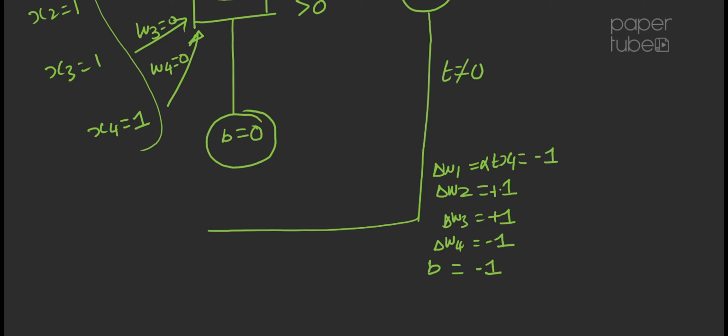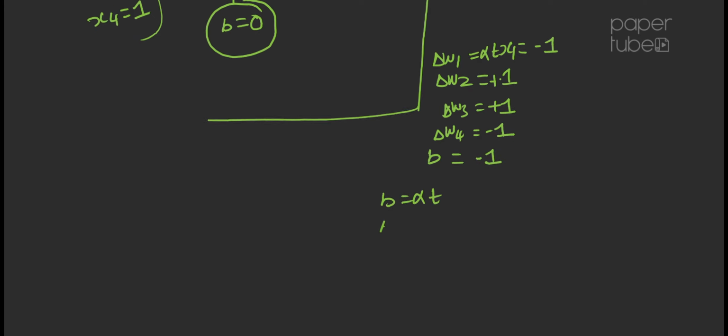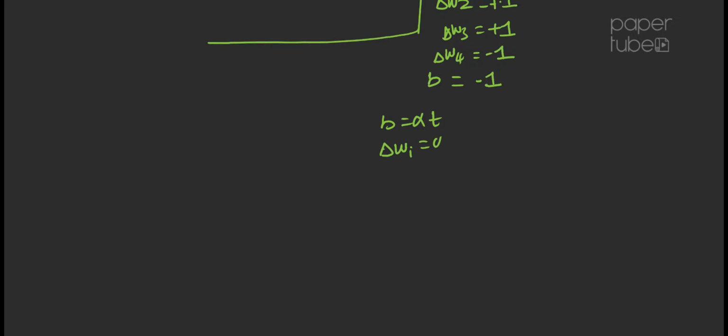Just apply the same formula. So bias is equal to alpha t, delta wi should be equal to alpha t and xi. Now you adjust the new weight. The change in weight is equal to -1. That's something we calculated.